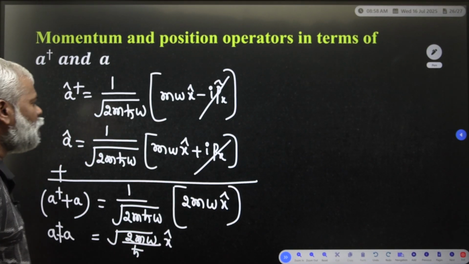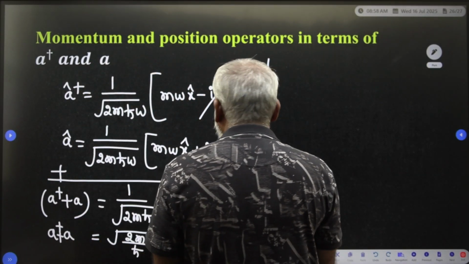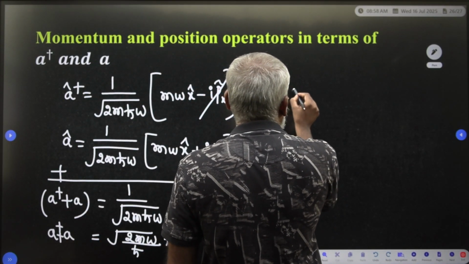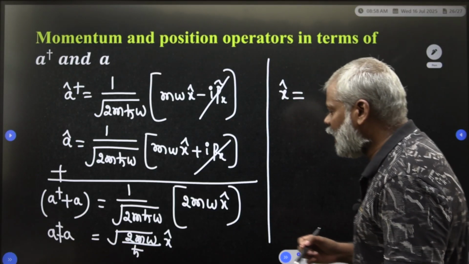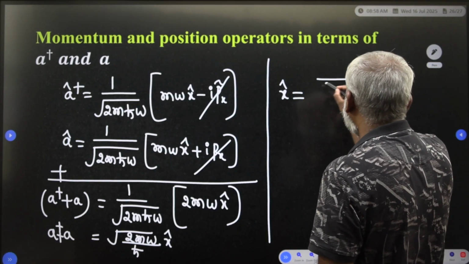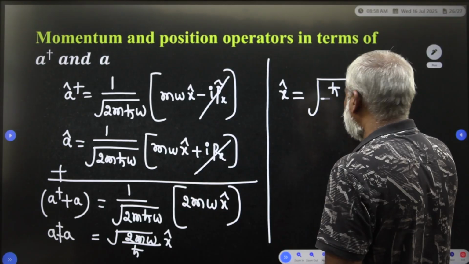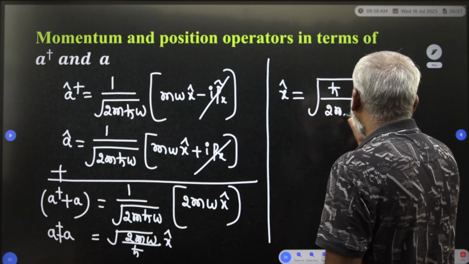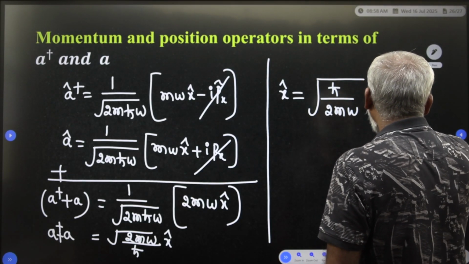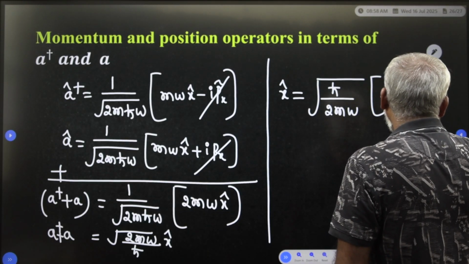So the position operator x cap, in terms of a dagger and a, is equal to square root of h cut divided by 2m omega into (a dagger plus a).